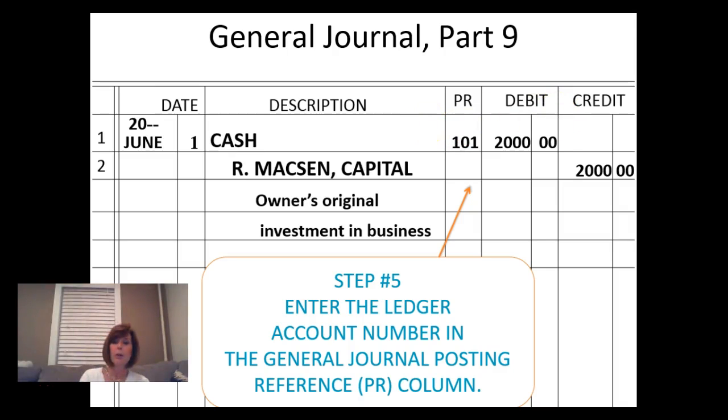You don't want to put the number in there while you're doing the journal entry, thinking, I know this is the cash account. You only want to do this after you've posted it to the ledger, because this is your way, or frankly anyone else's way, of looking at your journal and knowing that this was in fact posted to the cash account.